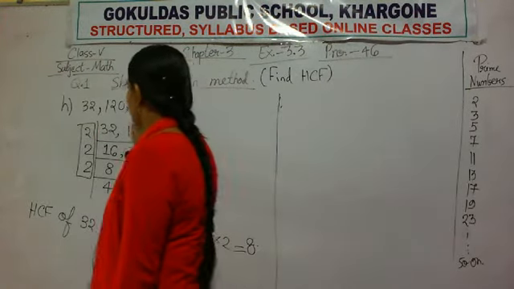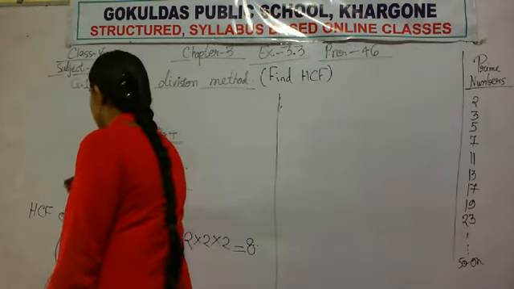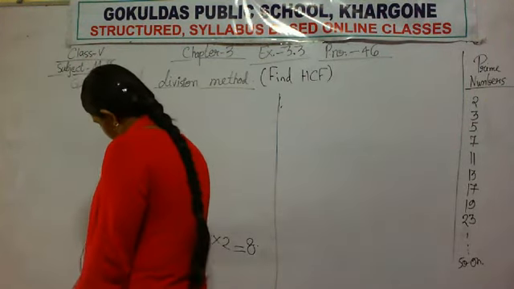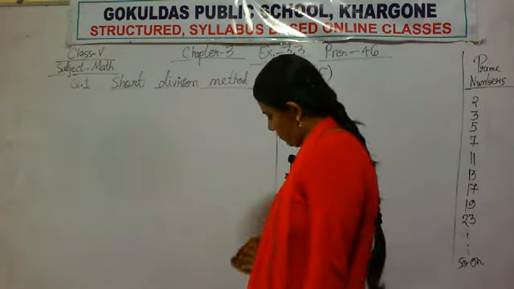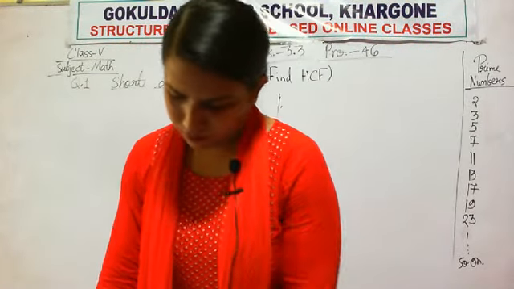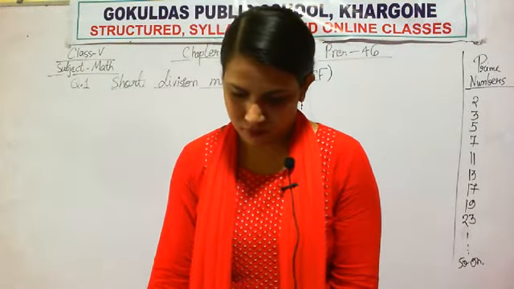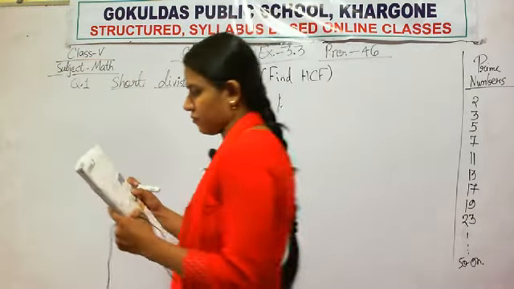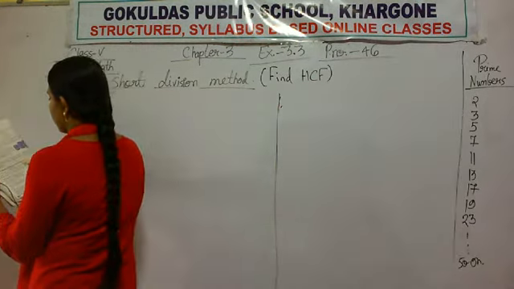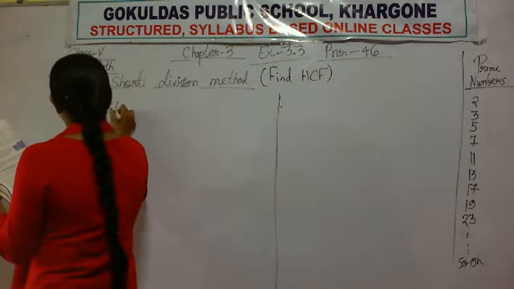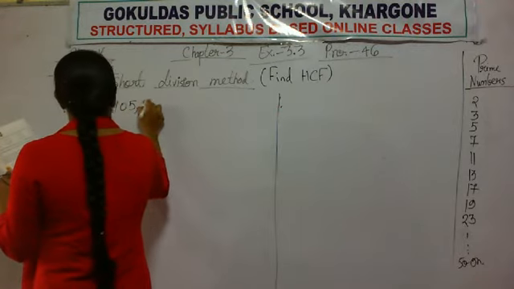Let us do another example of the same question. Taking the numbers 70, 105 and 35.